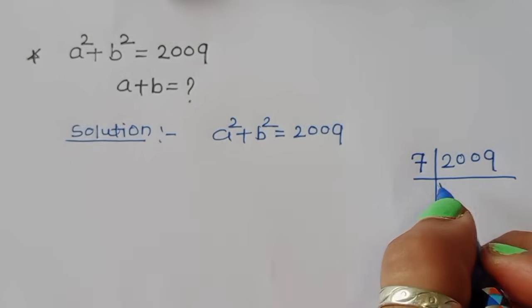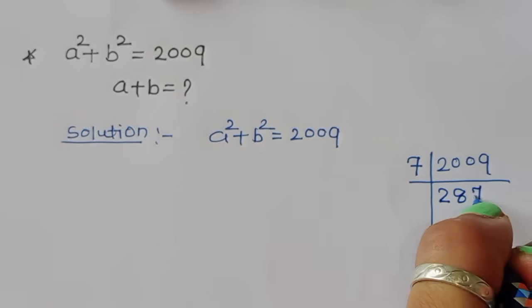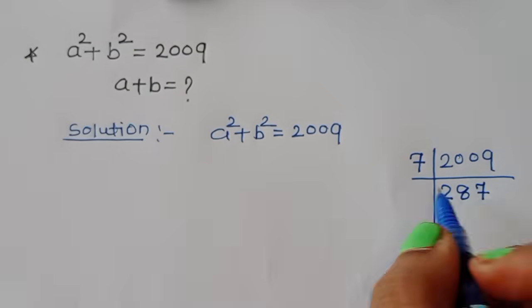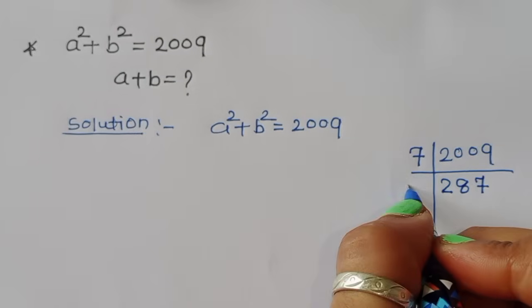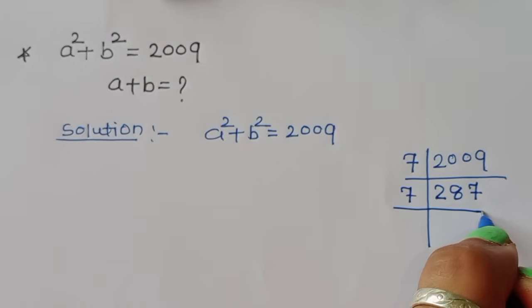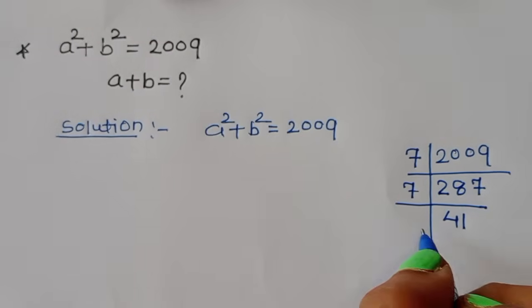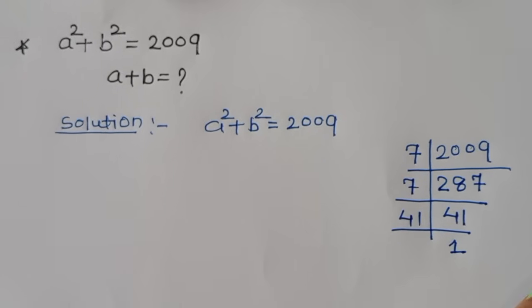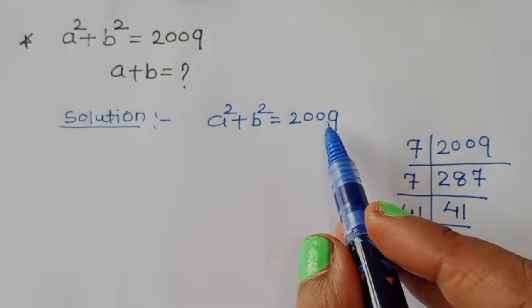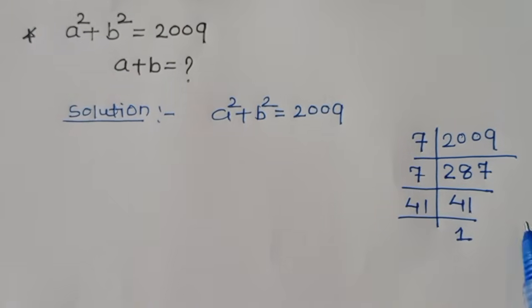7 2s are 14, 7 8s are 56, and 7 7s are 49. So here again we can divide this number by 7. 7 4s are 28, 7 1s are 7, and here 41, right? So we got the factors of 2009: 7 times 7 times 41.